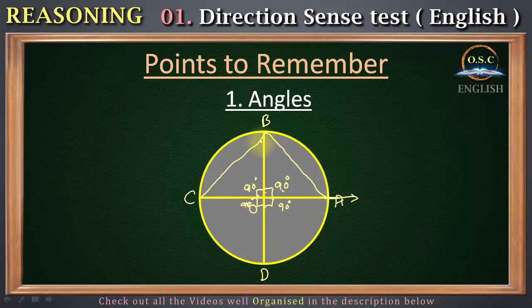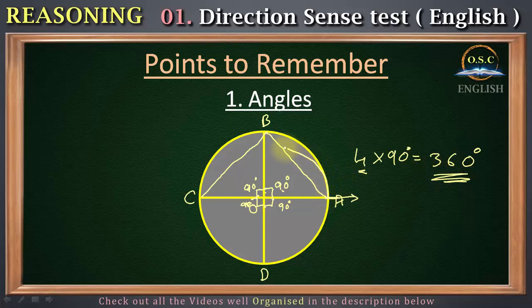So an entire circle consists of 4 into 90 degrees, that is 360 degrees. You always have to remember that a circle has 360 degrees.